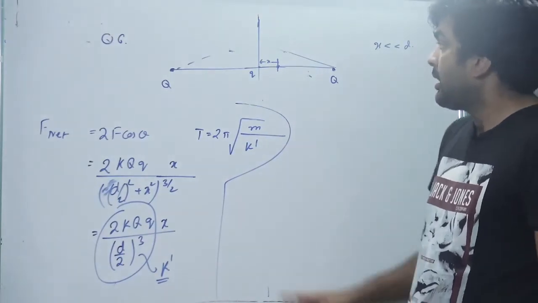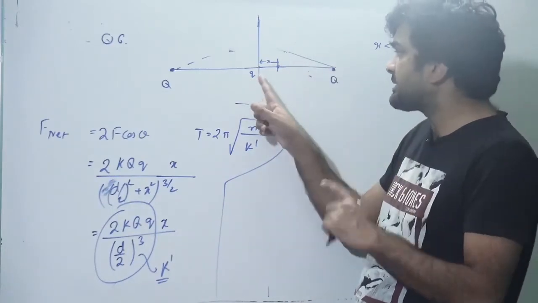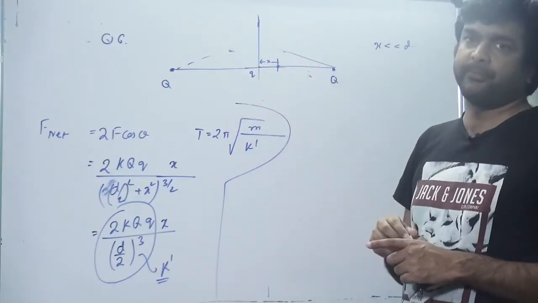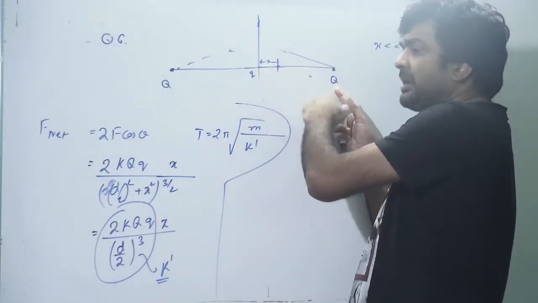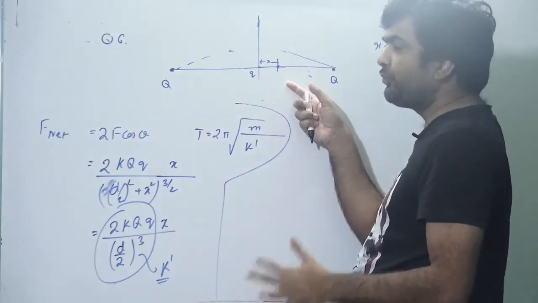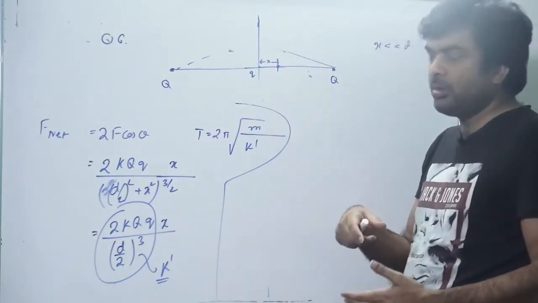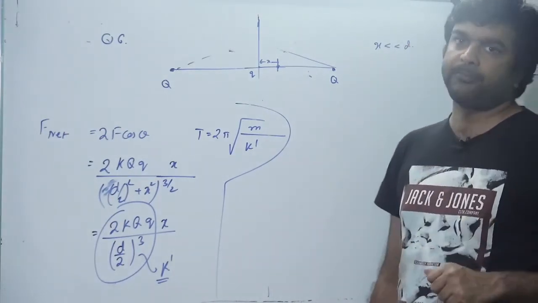Why? Because if in case it is negative, if it is displaced slightly from mean position, this charge will attract with greater force as compared to this charge. So net force won't be towards the mean position, it will be away from the mean position, it will never perform any oscillation.